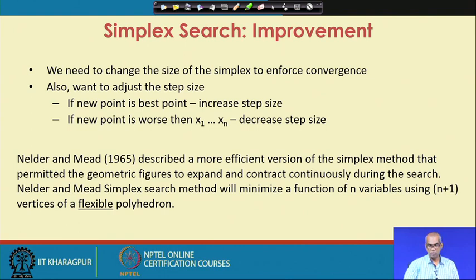In the Nelder-Mead simplex search method, we make use of a flexible polyhedron. So, for minimizing an n variable function, we will use an n dimensional simplex consisting of n plus 1 vertices, but that will be a flexible polyhedron.